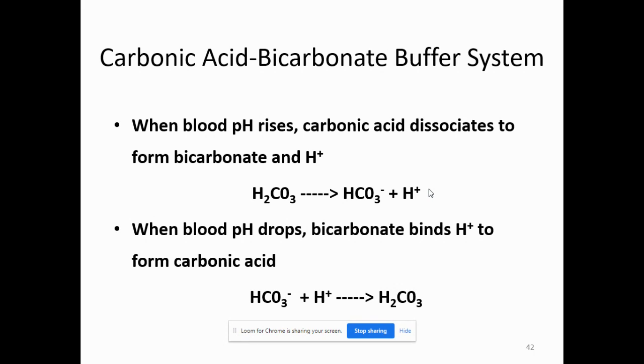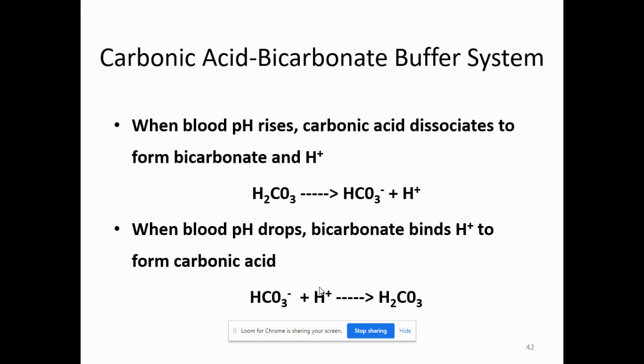In this case, bicarbonate binds hydrogen ions to form carbonic acid. So in your blood, you have carbonic acid. That's always there, and that carbonic acid can either dissociate or form in response to changes in your blood pH.